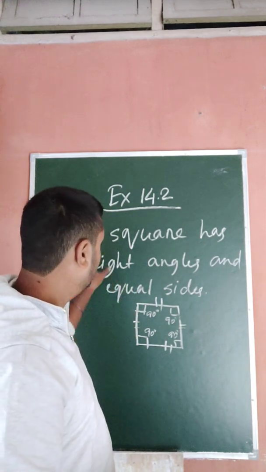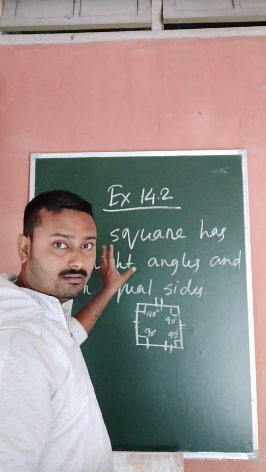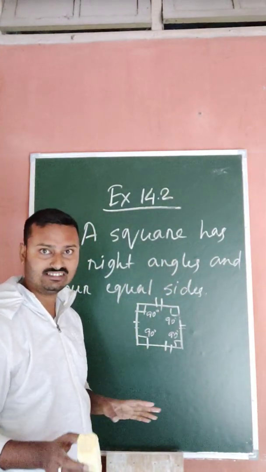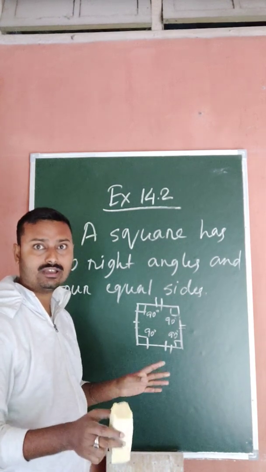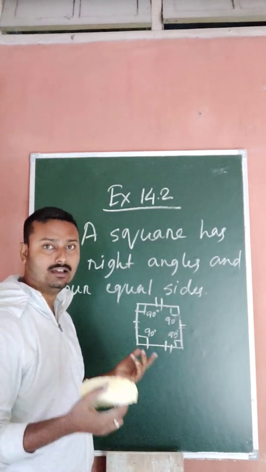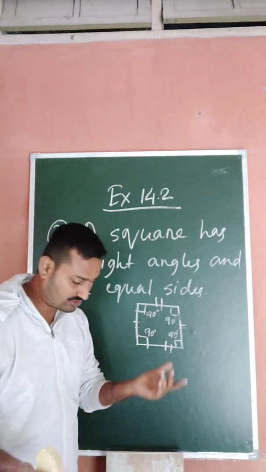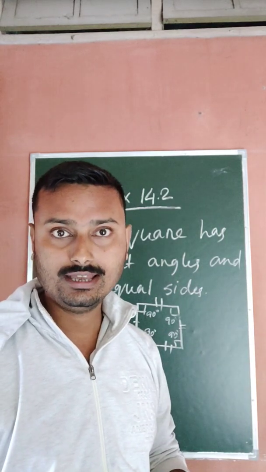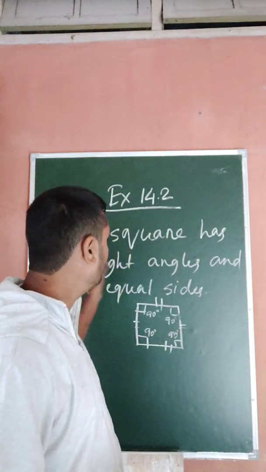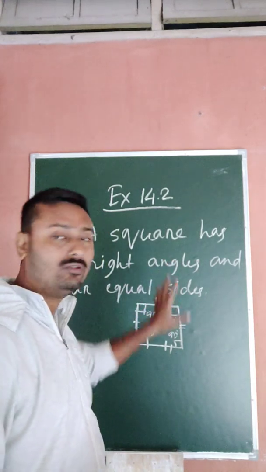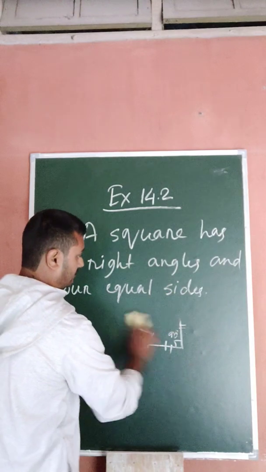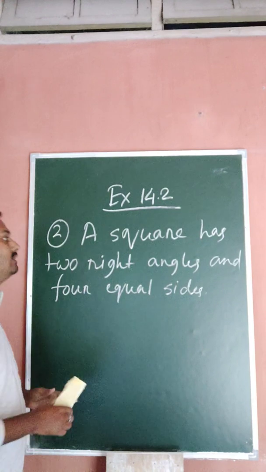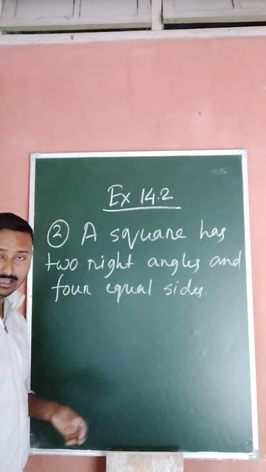Just understand the language of the question. Generally, a square has four right angles and four equal sides. Suppose the question is how many right angles are in a square, then the answer will be four right angles. But in this question, a square has two right angles and four equal sides, it is also true. It will be false if there is the word only: a square has only two right angles and four equal sides, then that will be wrong.